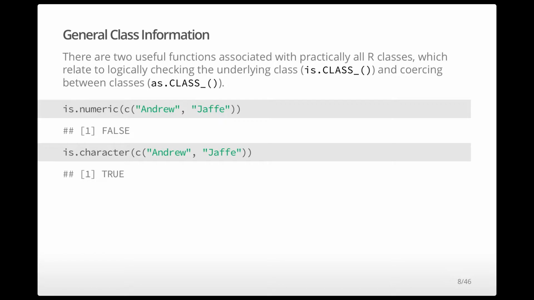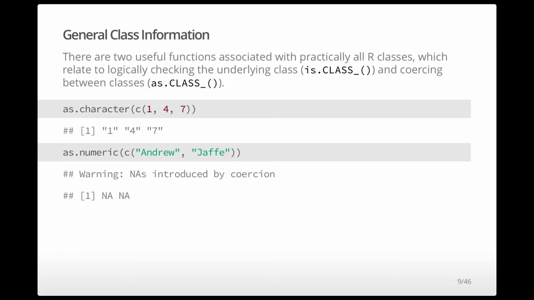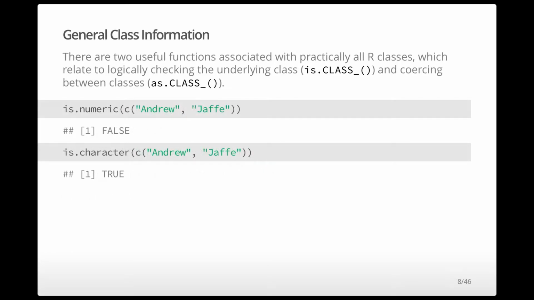And if the answer is no, maybe you want to stop, maybe you want to alert, maybe you want to print out a warning or a message when you run the code, just in case someone gave you something that was different than the data you got before. So these are just tests to say, is this numeric, is this character? Pretty much what this does is it runs the class command of sorts, and it sees if it's equal to what you're checking it against.